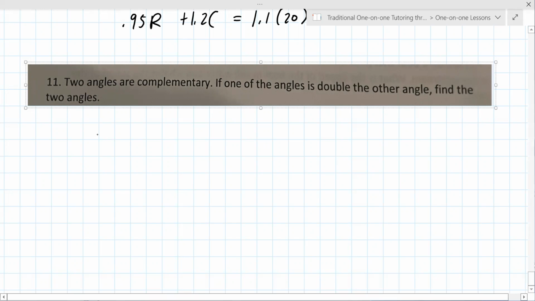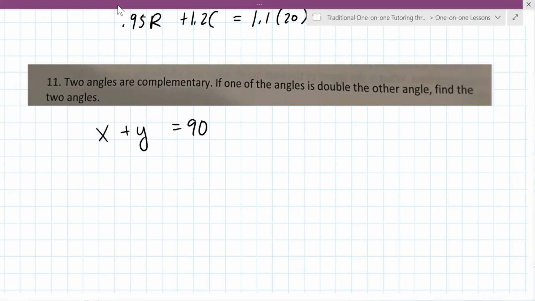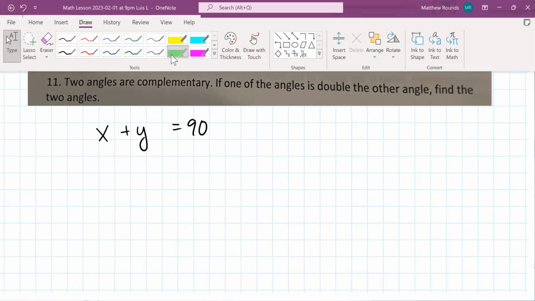So x plus y equals 90. Okay, very good. And then I think it'd be like 90 equals x times 2 plus y. So we're focusing on this part right here.